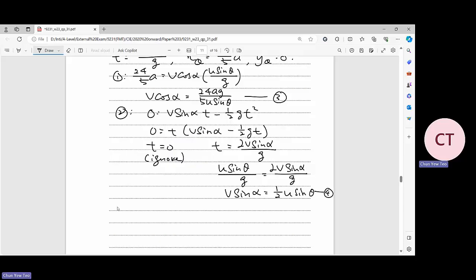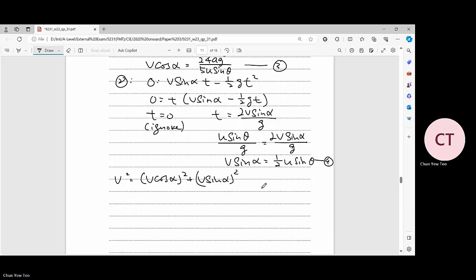Okay, so we know that V squared is the same as V cos alpha squared plus V sine alpha squared. So by taking number 3, you will get 24 AG over 5 U sine theta, you square it, plus half U sine theta, you square it.